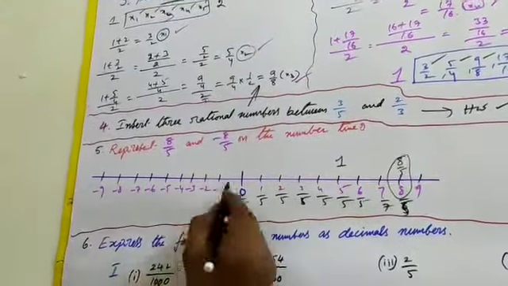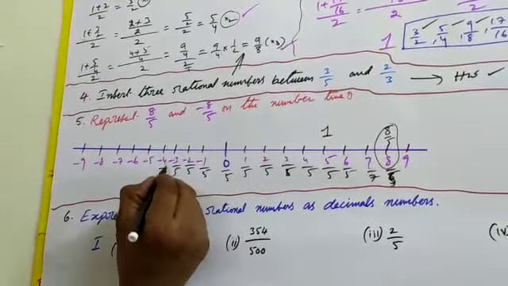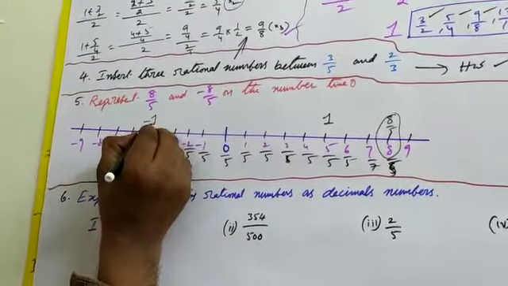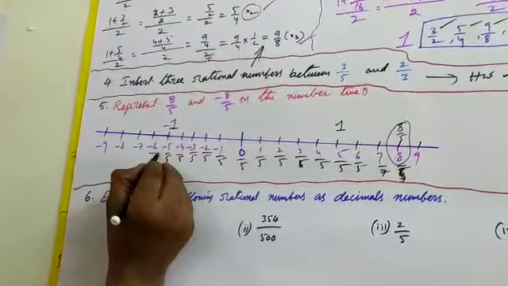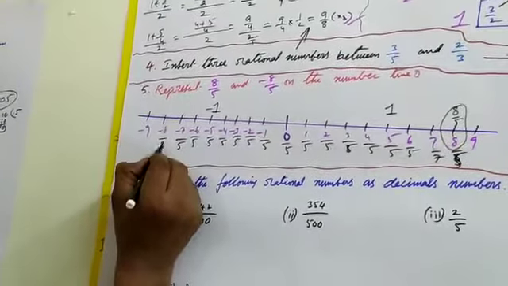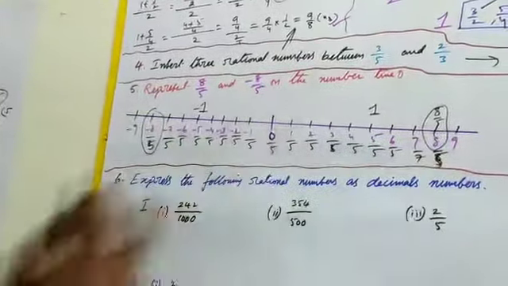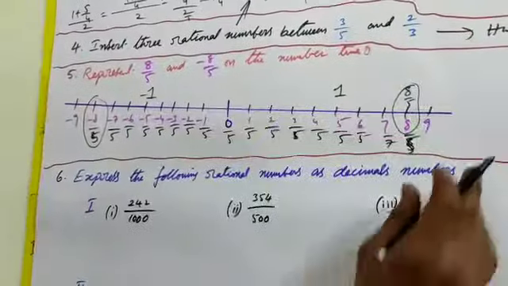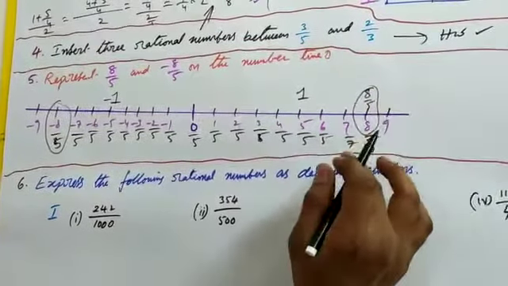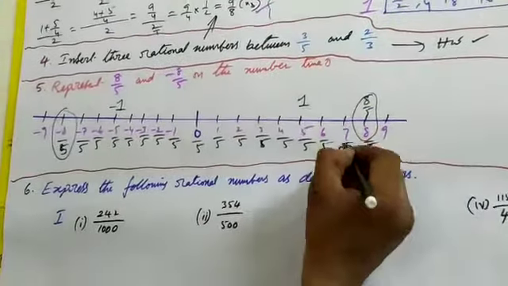Next, minus 8 by 5: minus 1 by 5, minus 2 by 5, minus 3 by 5, minus 4 by 5, minus 5 by 5. Minus 5 by 5 means minus 1. Then minus 6 by 5, minus 7 by 5, minus 8 by 5. This is represented on the number line.